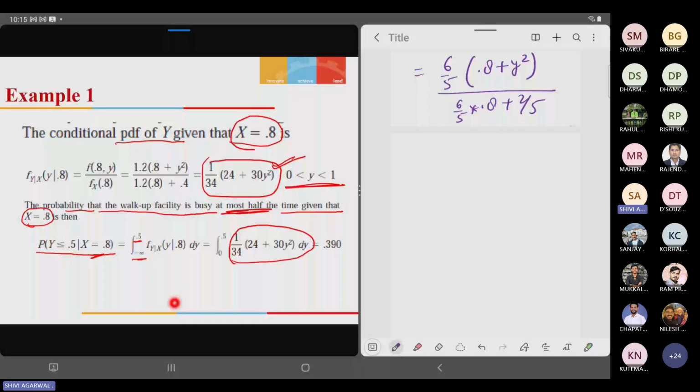If we are calculating the marginal probability for x only or for y only, we use the marginal density function for x or y respectively, whichever is required. And if we find the conditional probability, we use the conditional density function. That is the use. Got it? Any query till now?